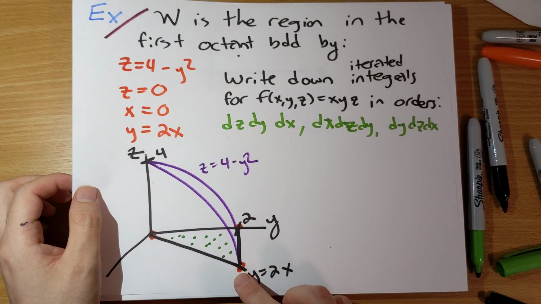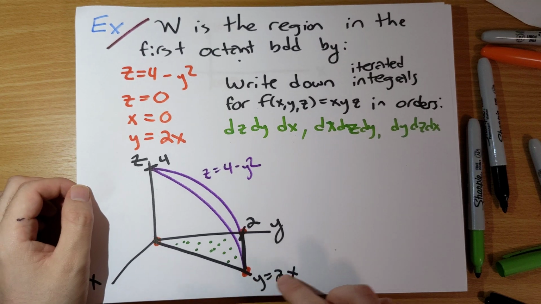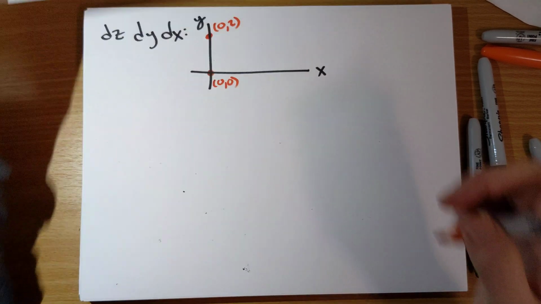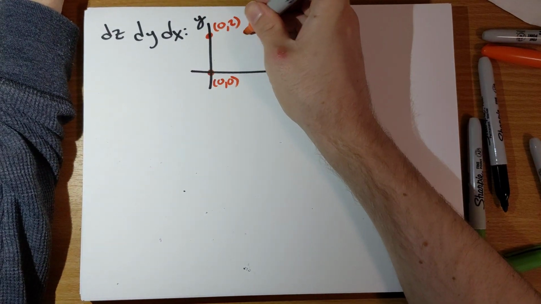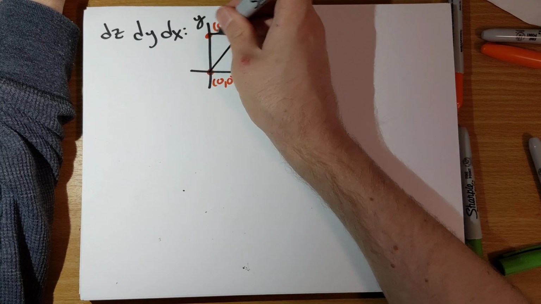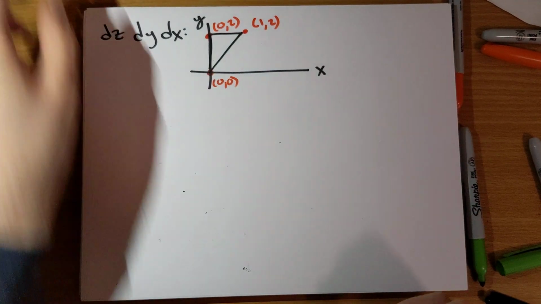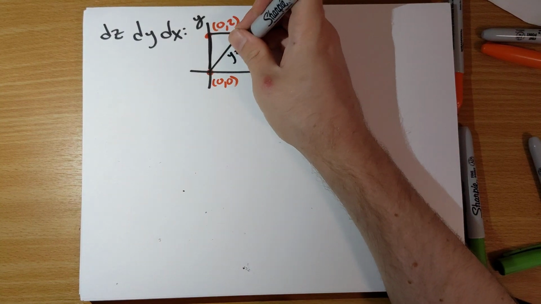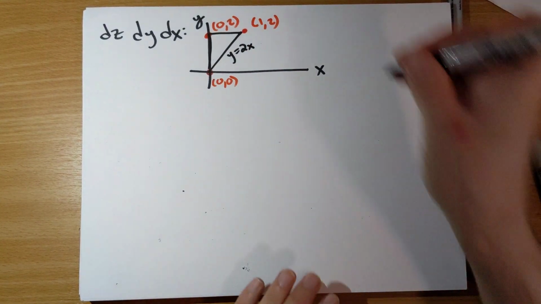And then this point here, y equals 2x and y equals 2, so this would be x equals 1, y equals 2. So we have this triangle here in the xy plane. This line here is y equals 2x.